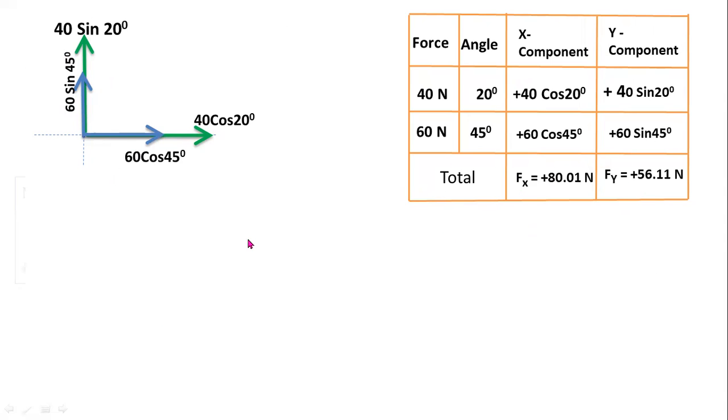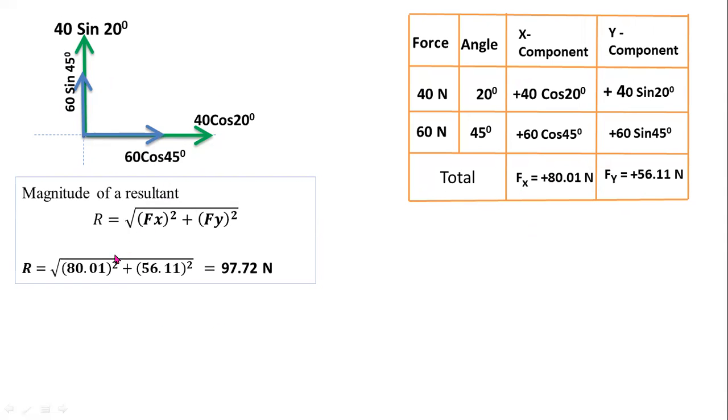For determining the magnitude of the resultant, you have to use this formula, R equal to square root of horizontal forces square plus vertical forces square. Now finally we got the magnitude of the resultant R equal to 97.72 newtons.